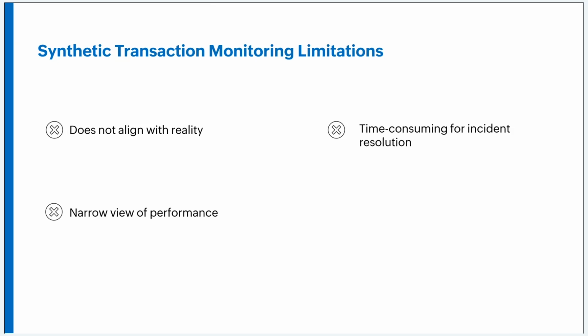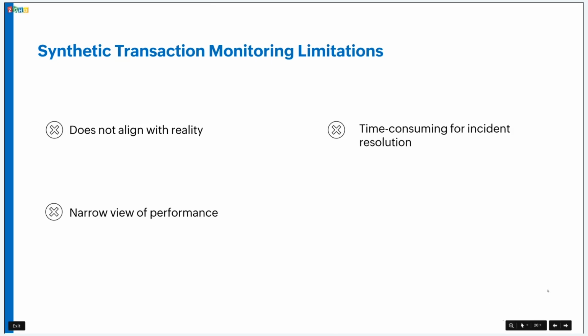It does not always align with reality, because the nature of the traffic used for synthetic testing is not organic but synthetic, and it isn't truly representative of real user experience at any given time. Its outcome and performance are rather predictable. Because synthetic transaction monitoring uses simulated actions, it does not predict the actions of real user customers.